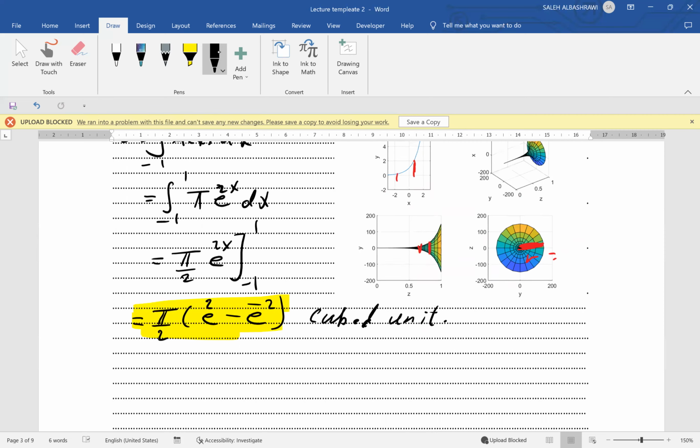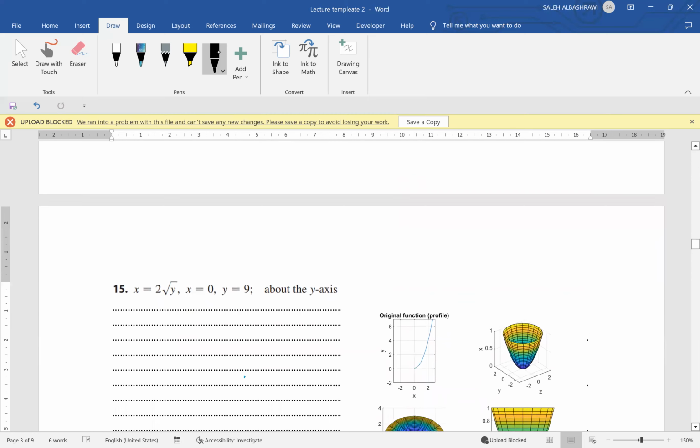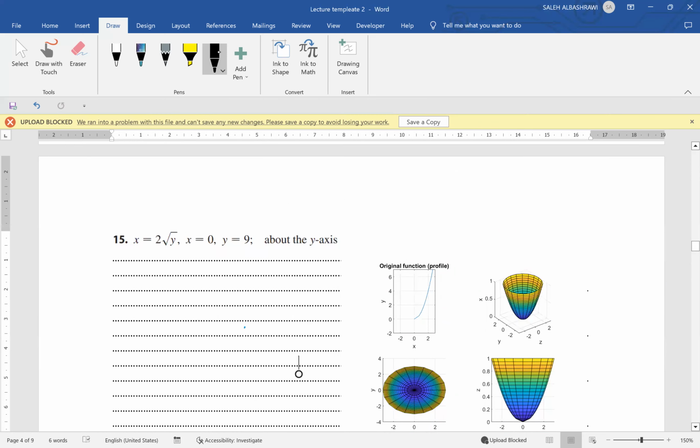Another example. I need to find the volume of the solid obtained by rotating the region R enclosed by these curves: x equal to 2 square root of y, x equal to 0, and y equal to 9.